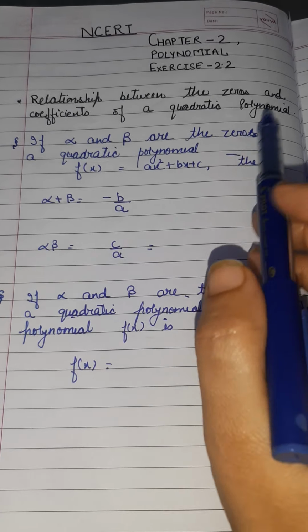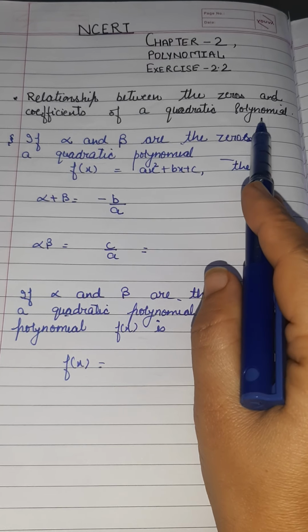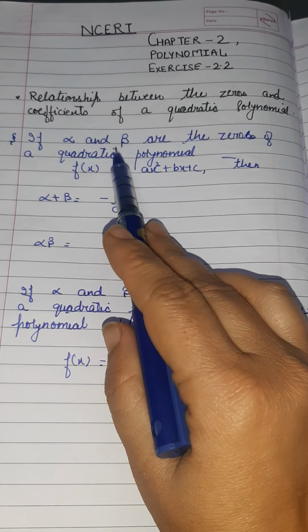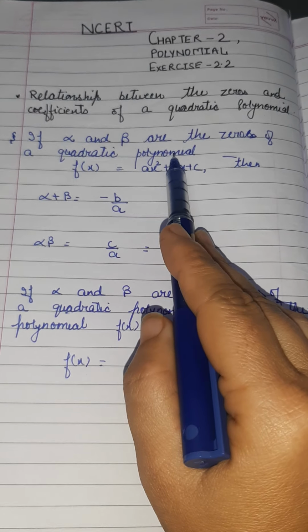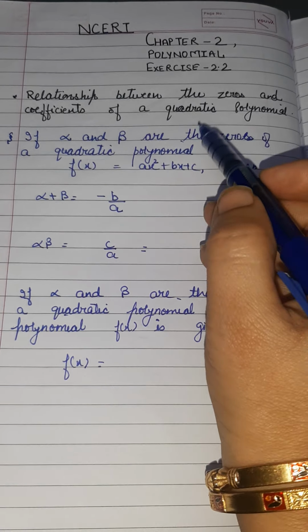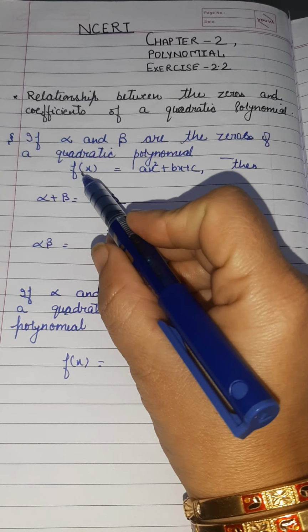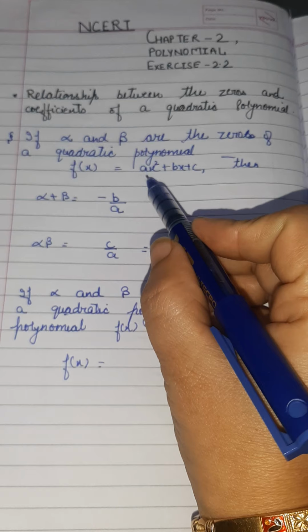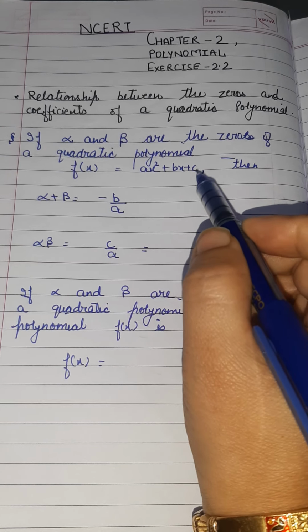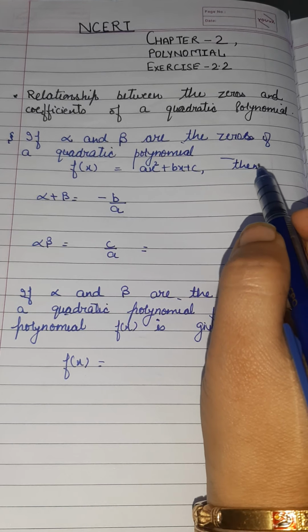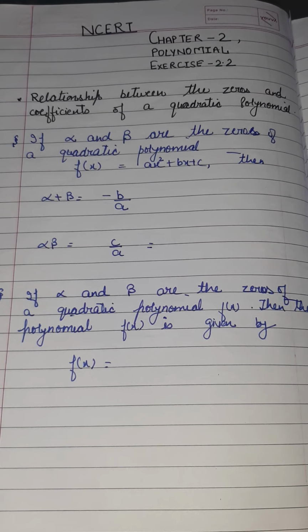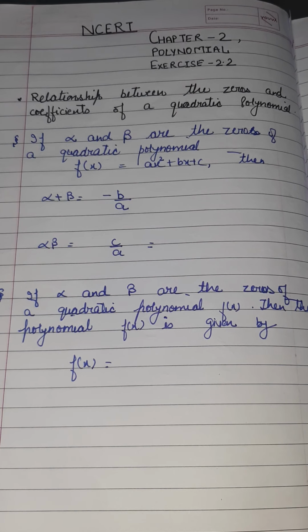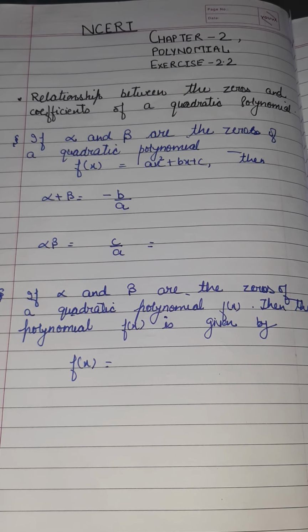Given a quadratic polynomial, suppose f(x) equals ax square plus bx plus c, and alpha and beta are the zeros of the quadratic polynomial. Zeros means the values of x, which are alpha and beta.